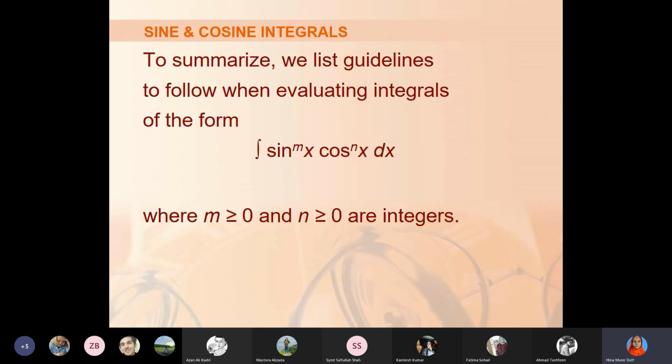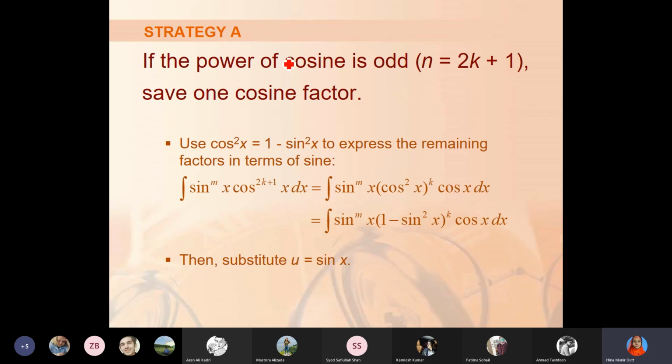Okay. So summarizing all of these strategies, the guidelines are: if I have to integrate such a type of integral, where both the angles are the same with different powers m and n. If the power of cosine is odd, then save one cosine factor, express the remaining factors in terms of sine, and then do the simple integration.